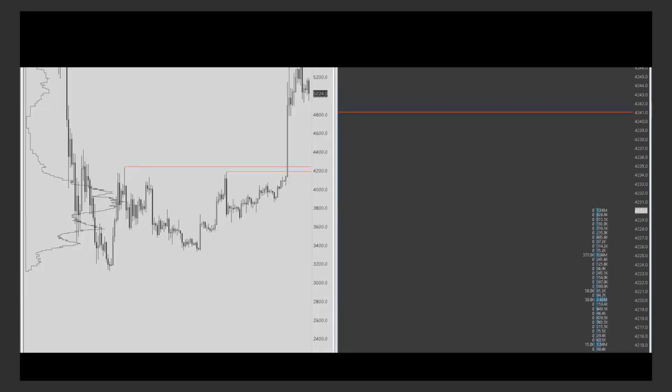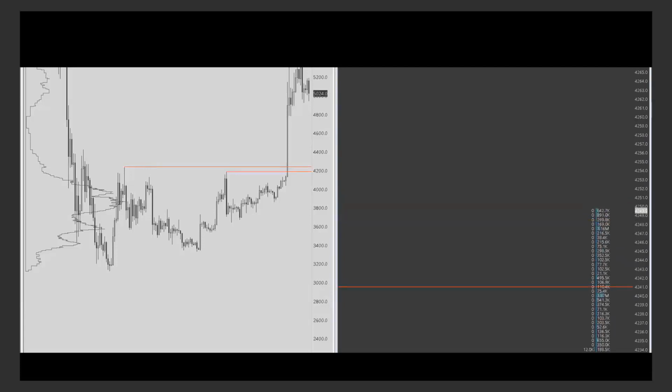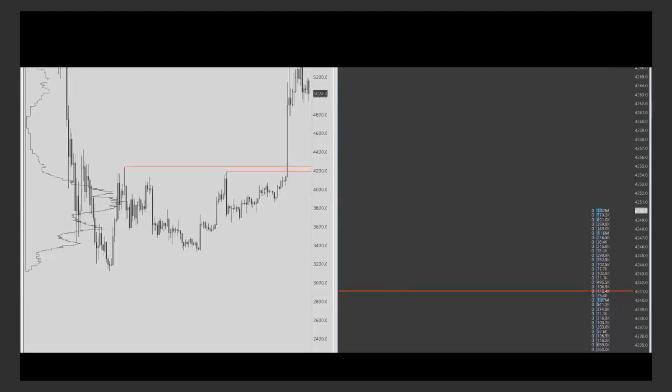And you can see that it's as these highs get breached that those stops get triggered, and you get this sudden influx of orders. So there again at 4241, you'll see that when that level breaks, you get another sudden influx of orders as traders get stopped out.